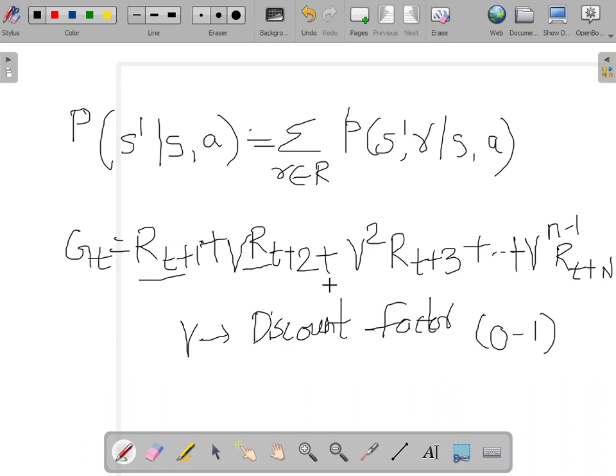Because of that you are using this discount factor value, which is between 0 and 1. Now who will give this discount value, and on what basis does it depend? The selection of the value, suppose I have taken 0.5, is not specific to the given example. It can be any value between 0 and 1, so it is not dependent on the reward value.